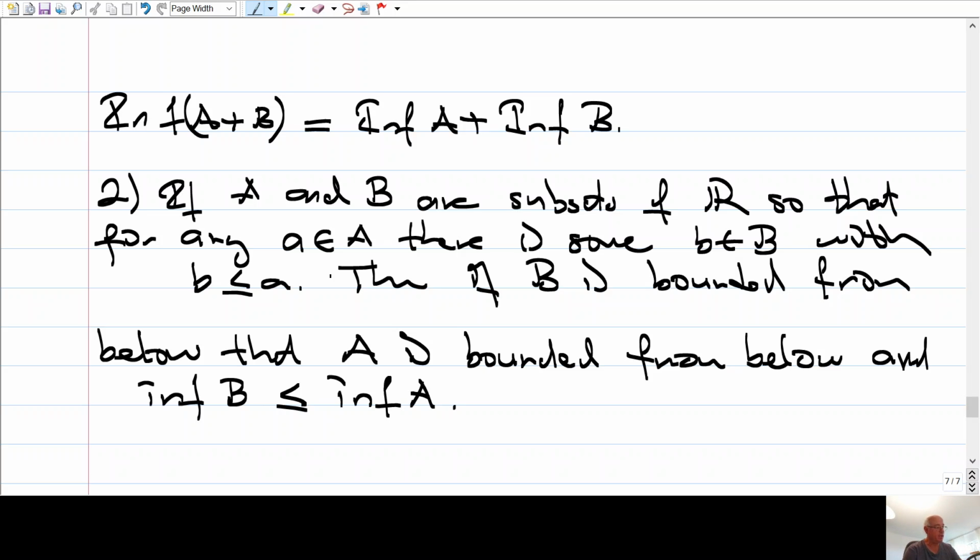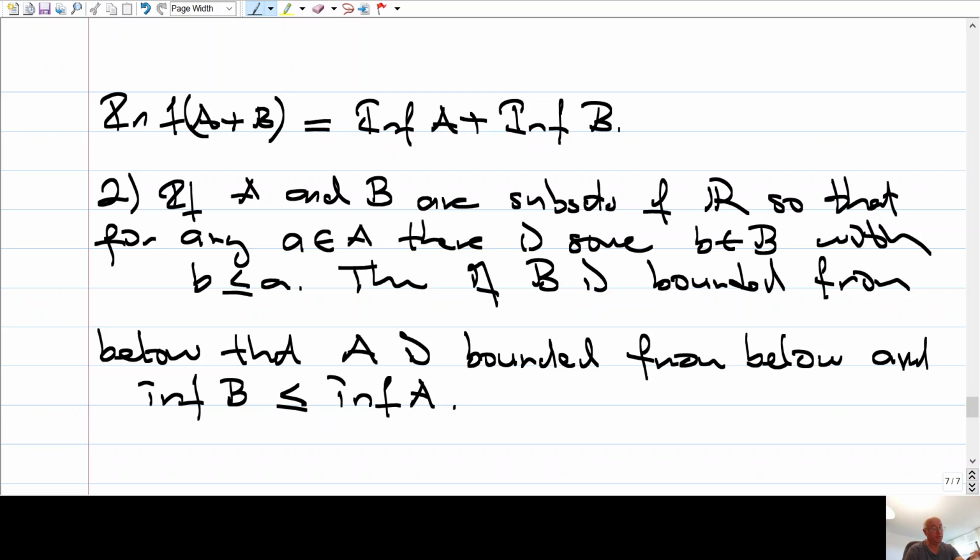In this sense, whenever you give me something from A, I can find something from B which is less than that element. This doesn't mean that all the elements of B are less than all the elements of A, but it means the following: for any a in A, there is some b which is less than that element. And that implies that the infimum of B is less than or equal to the infimum of A.